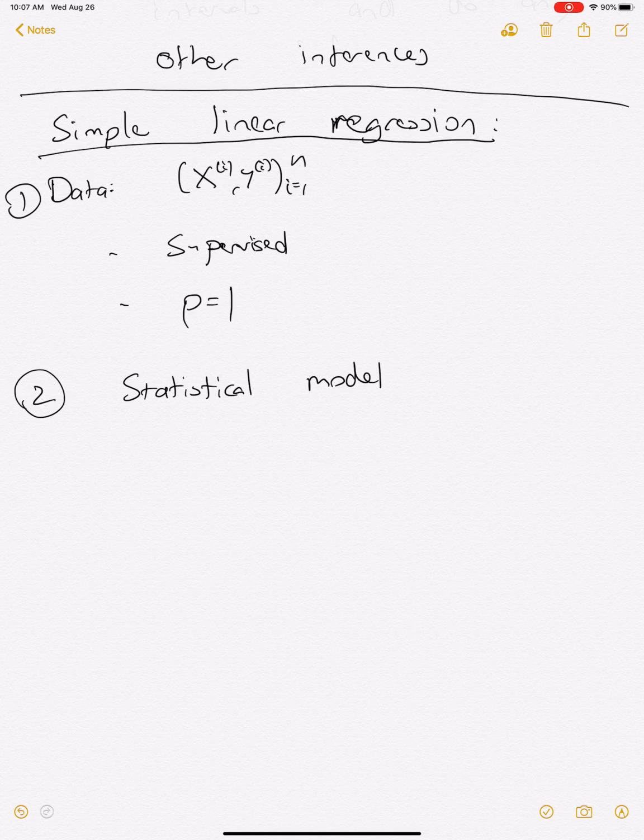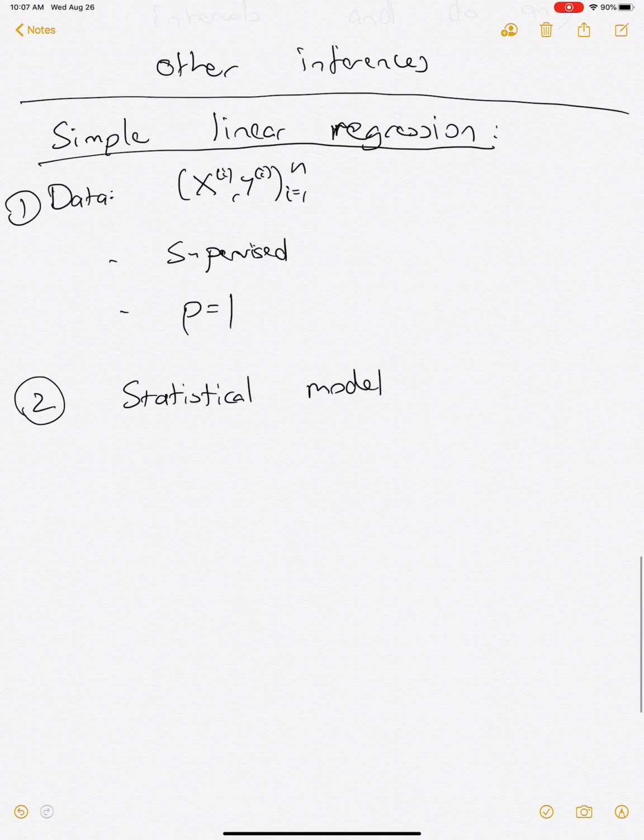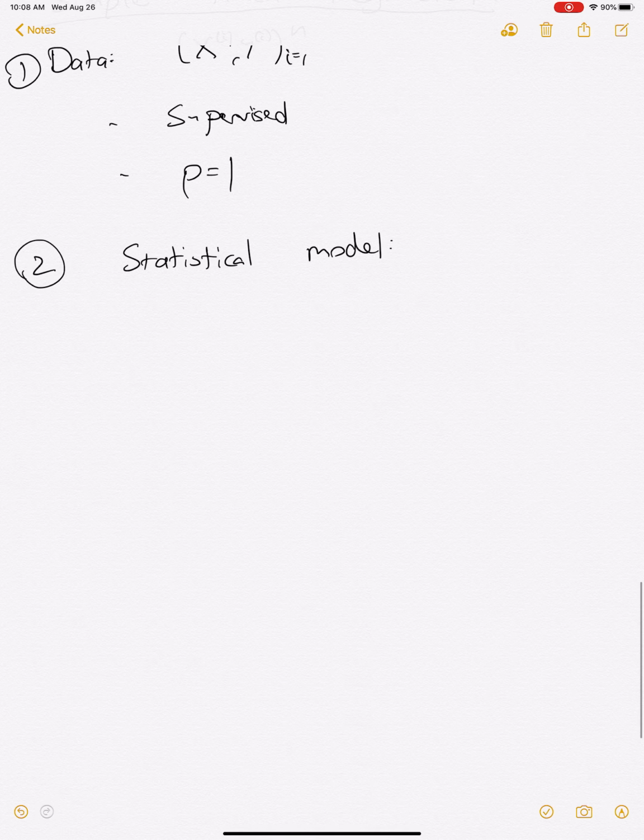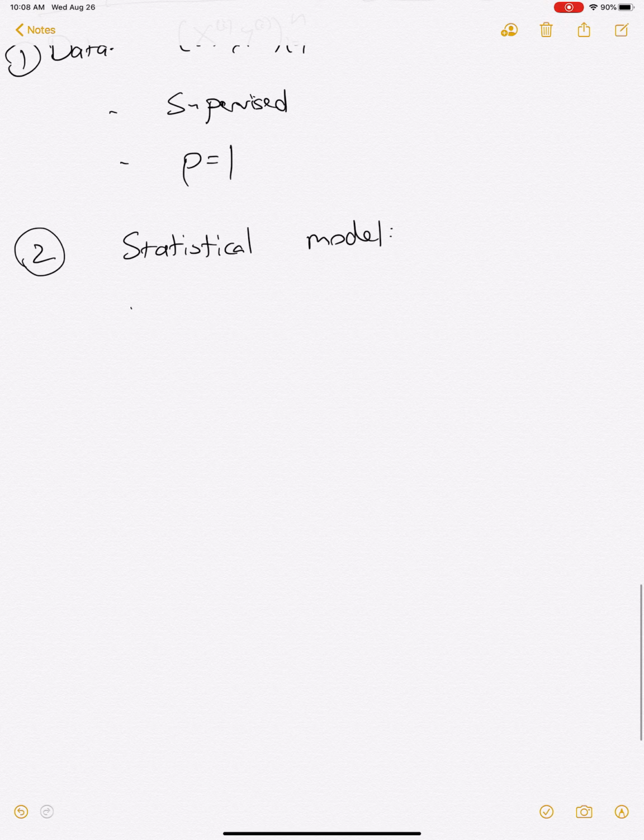Once again, because we're doing simple linear regression, it makes the most sense to typically assume a linear model, because that's the way we can assess how our estimators are doing. If we had a nonlinear model, it would make more sense to use a different type of regression. But here we're going to use a linear model, which is widely used for linear regression.